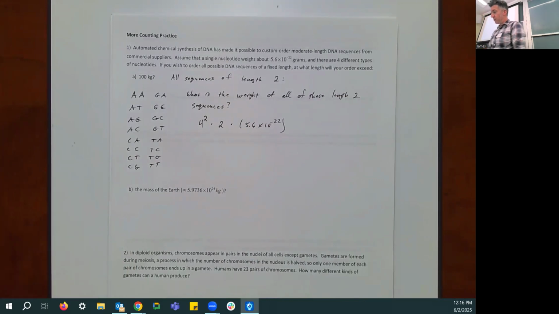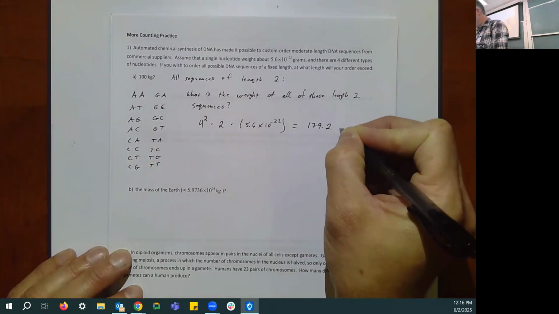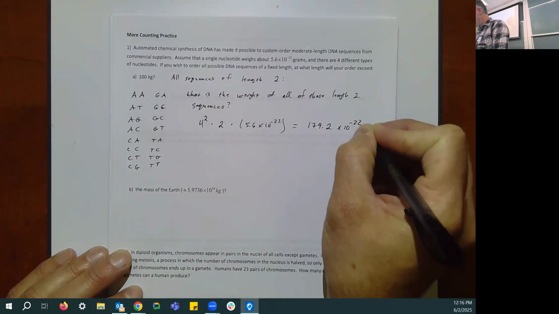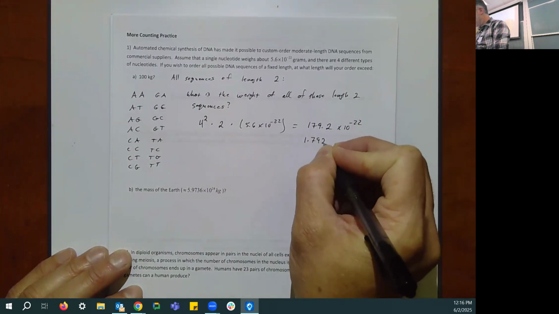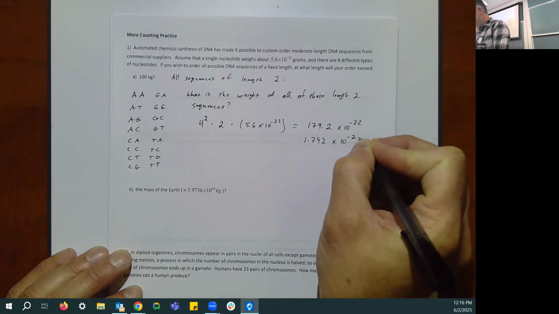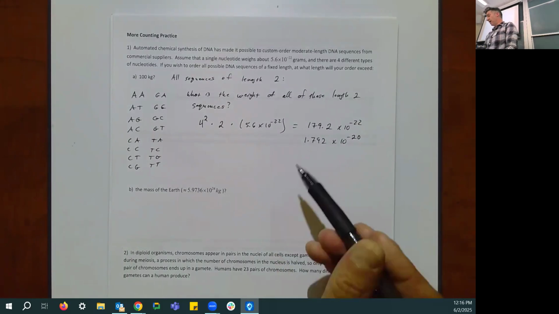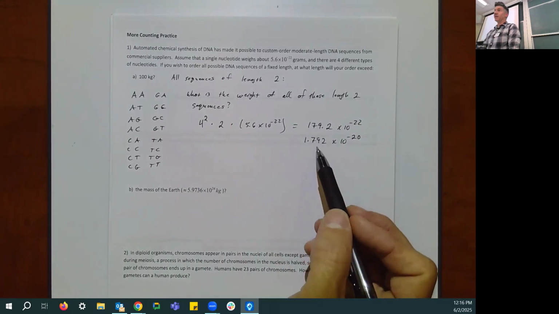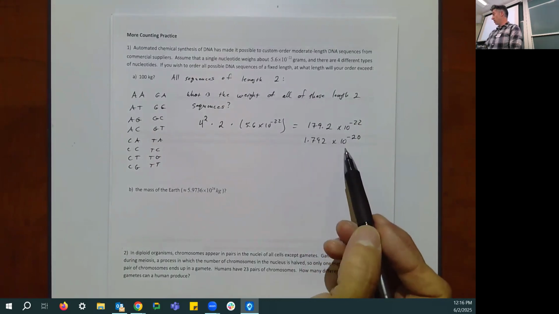That's going to be 179.2 times 10 to the negative 22nd. Or if I move that decimal over 2 places, 1.792 times 10 to the negative 20th. I think. Yeah, that's right, because 179 is 1.79 times 10 squared, and 10 squared times 10 to the negative 22nd becomes 10 to the negative 20.